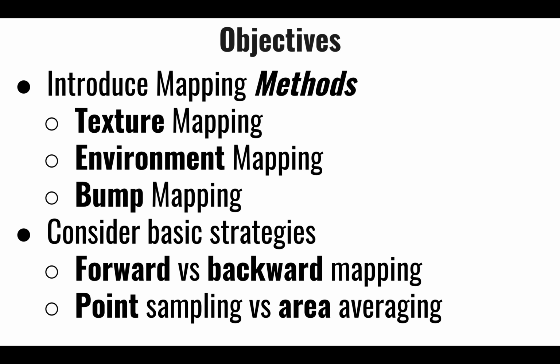Also, we'll take a look at the strategies of using point sampling versus area averaging, which deal with issues of sampling when you're sampling the image. You look at each pixel as you iterate vertically and horizontally over an image, a GIF image or JPEG image, and take the color of each one of those pixels from the source image.